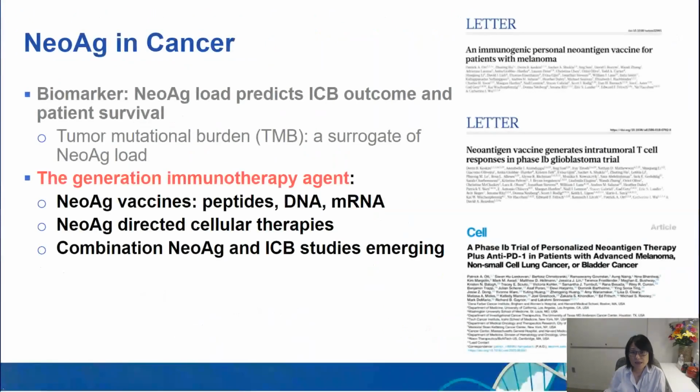In the next few slides, I will focus on neoantigen vaccines as the next generation immunotherapy agent. Now that you have some confidence in our bioinformatics platform to identify patient-specific neoantigens from tumor genomic sequencing data, neoantigen vaccines can be delivered in the forms of peptide, DNA, or RNA vaccines, or as dendritic cell vaccines.